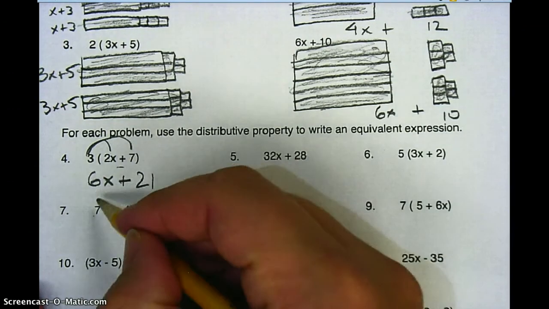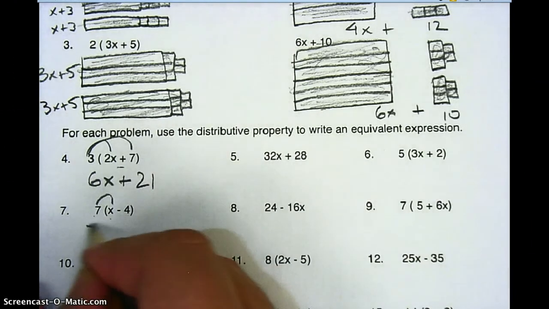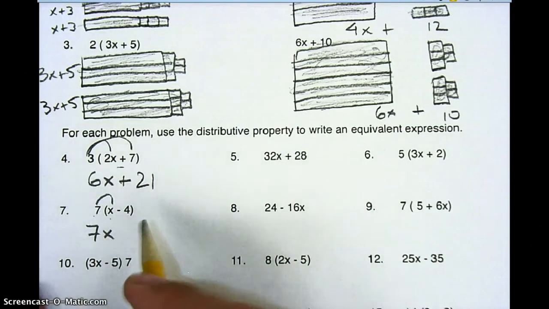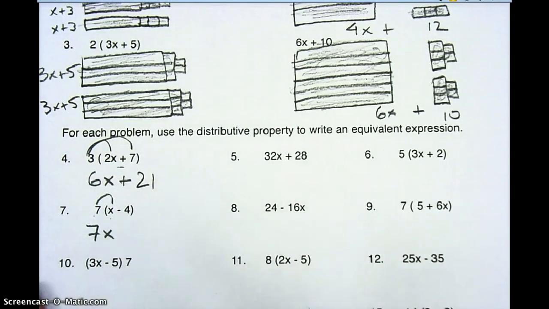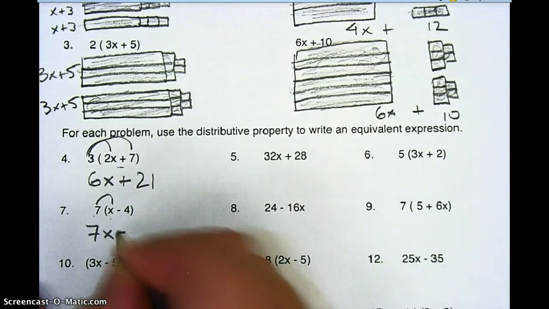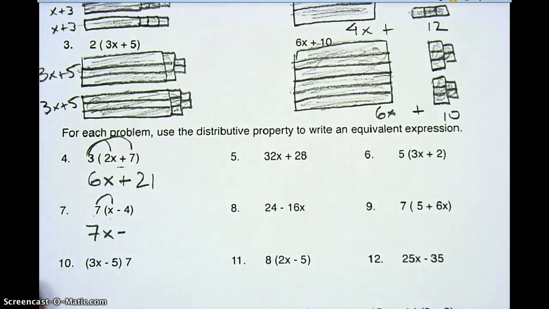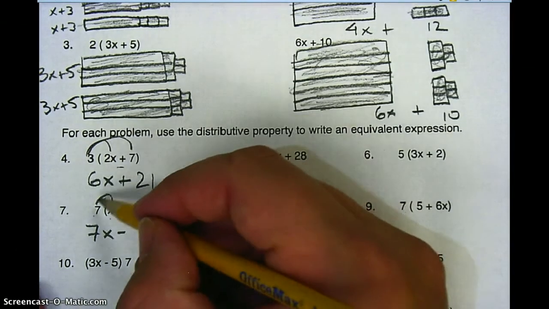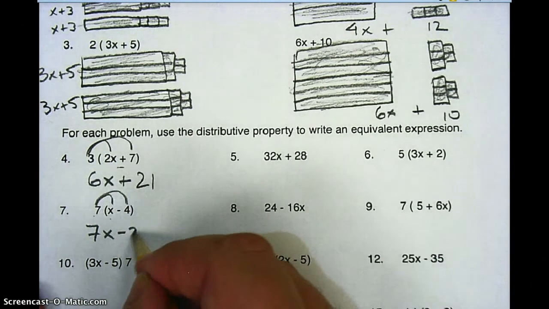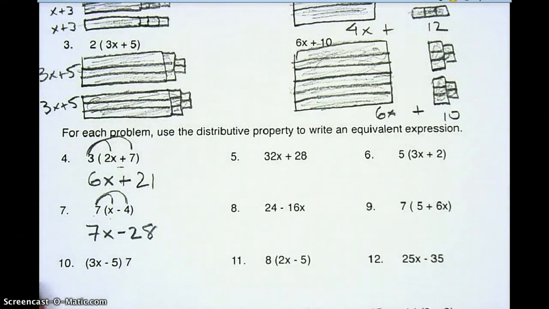So I'm going to take 7 times 1x, and that's just going to be 7x. Now in this case, there's a subtraction sign in between. So I have to put the subtraction sign there. And then what I have to do is take 7 times 4. 7 times 4 is 28. So an equivalent expression for this is going to be 7x minus 28.